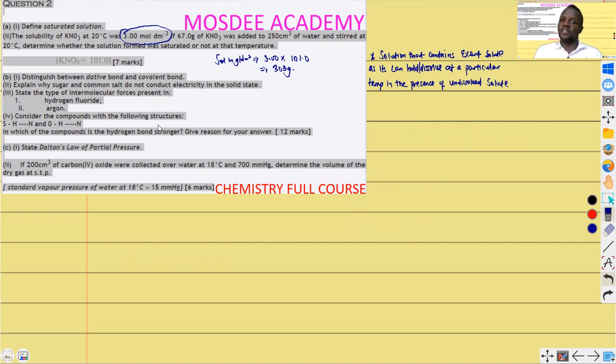Remember, from the definition, amount of solute that will dissolve in 1 dm cube, and 1 dm cube is 1,000 centimeter cube. So the rest is just cross multiplication. This one will multiply this one. And when we make X the subject of formula, you are going to have 303 times 1,000, divided by 250.